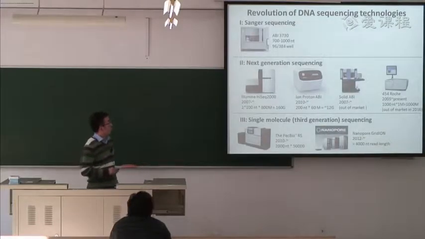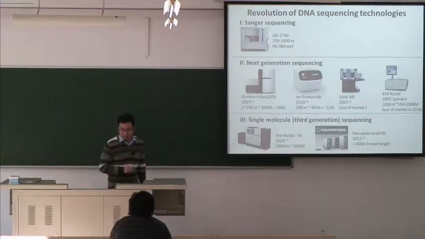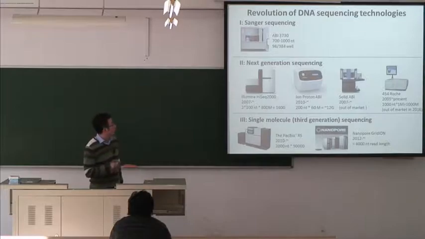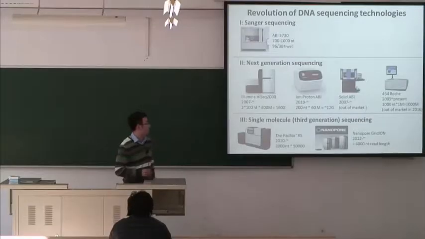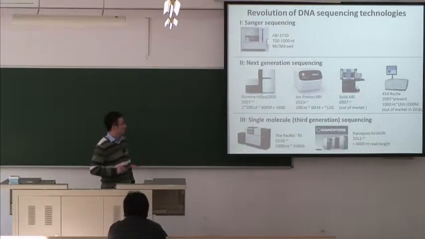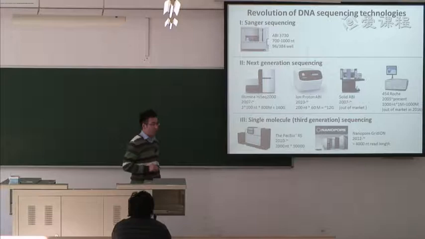So now, thanks to the revolution of DNA sequencing technology, these are the first generation and next generation or the third generation sequencing technologies. In the conventional way, you can just have very limited sequencing capacity, but now you can sequence the human genome with a relatively acceptable cost and very short time. So, for example, this Illumina machine can sequence the human genome within 1 week, and cover the human genome like hundreds of times.